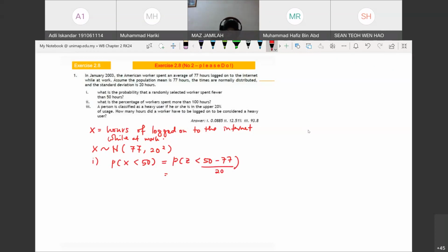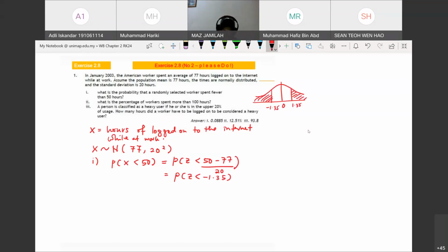So you will get P(Z less than negative 1.35). If you were to plot, for 0, negative 1.35 is somewhere here, which is the same as 1.35 in this area.